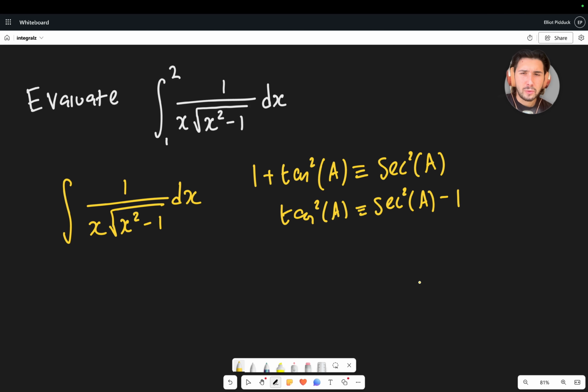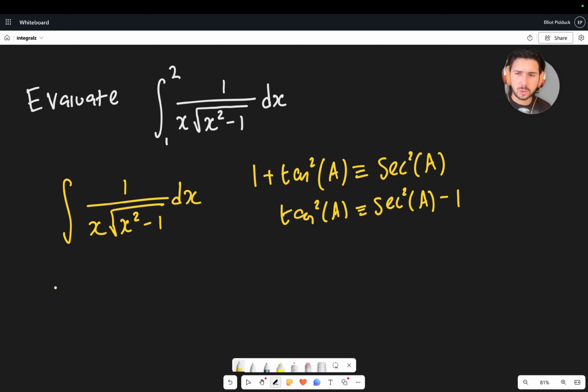So what we have is if x was like sec theta or sec u or something, then we'd end up getting the square root of tan squared in the denominator, and that's going to play really nice. Not just because it ends up being tan, but because of the nature of the substitution. When you do that substitution, you're going to get a nice value for dx over du or d theta, whatever. Let me show you what I mean, okay?